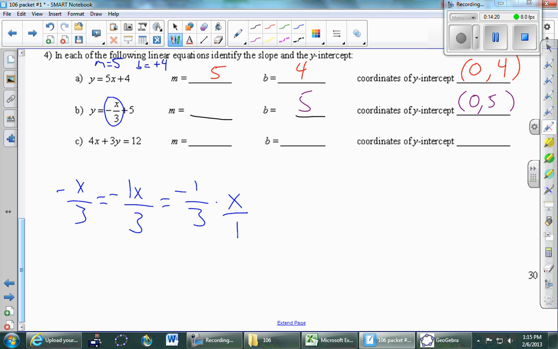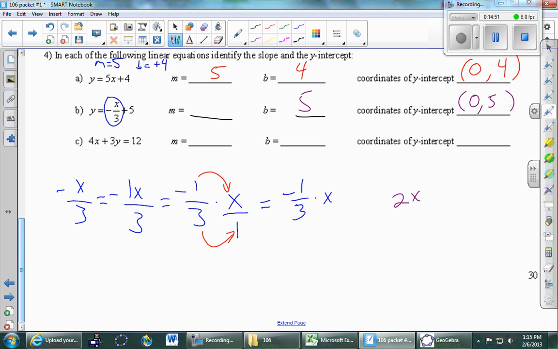Is it diagonals? No, we go straight across, right? Straight across here, straight across here. How much do you get on top when you multiply? -1x, or just -x. On the bottom when you multiply, you get 3. So -x/3, it's the same as what we had. So the way we're going to want to rewrite this is -1/3 times x. We peel that x right off.